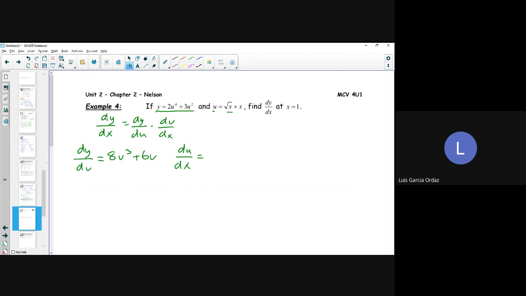And now we have u and x, so I can have du over dx. Remember, you can also write this as x to the 1/2 plus x. So what would the derivative of x to the 1/2 plus x be? Can somebody else give me the derivative of that?